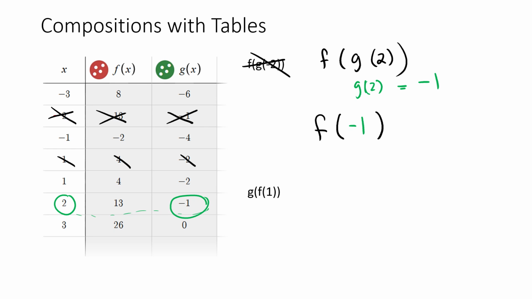And now go back over here to the table and find -1. And this time I'm going to be looking for f, and I see that that is -2. Ta-da! And so that is how you would do this with the table.